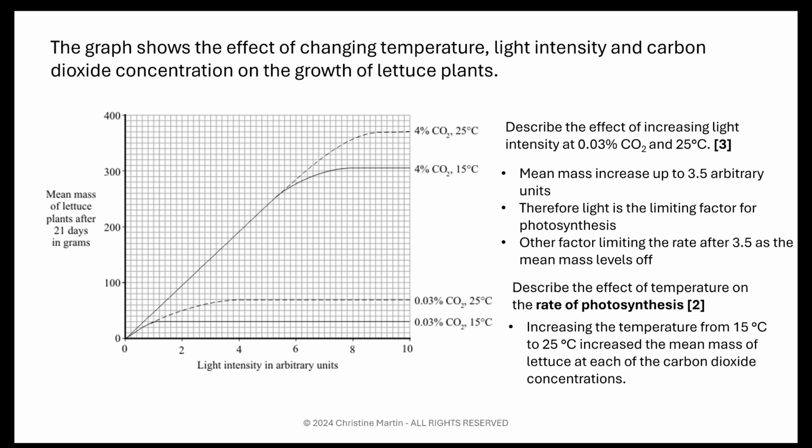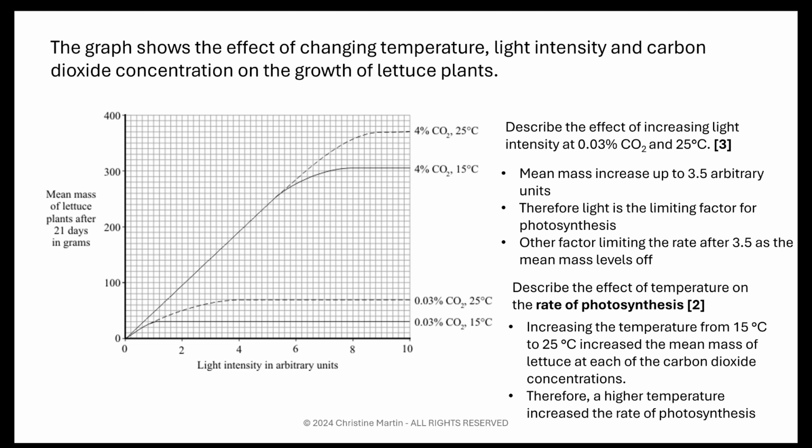It doesn't matter if we're looking at 0.03% carbon dioxide or if we're looking at 4% carbon dioxide. Each time, my mean mass is higher on my graph. Therefore, we can say that a higher temperature increased the rate of photosynthesis, which resulted in a mean mass of the lettuce increasing.